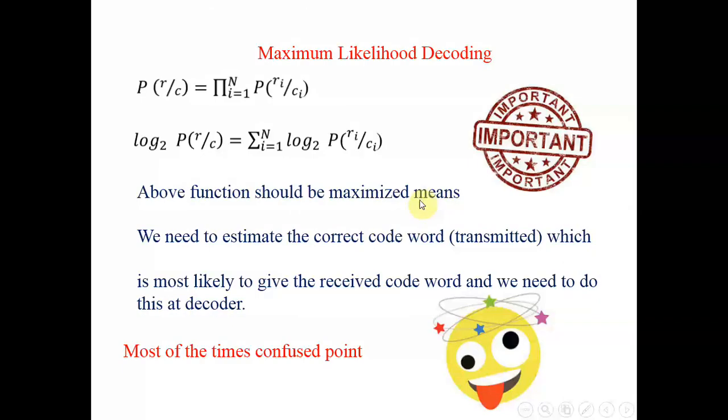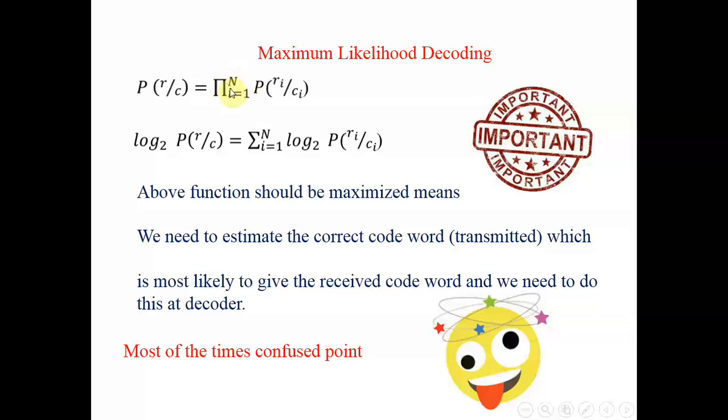Now let's go with the Viterbi decoding. The very important principle of Viterbi decoding is maximum likelihood decoding. So see the equation. Probability of R given C is equal to the product, i going from 1 to n, of probability of Ri given Ci. R is the received code word, C is the correct code word or transmitted code word.